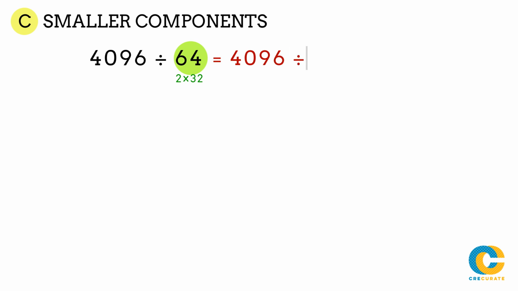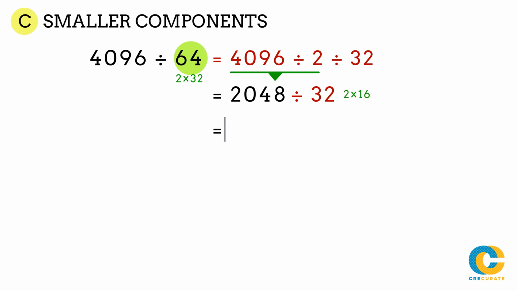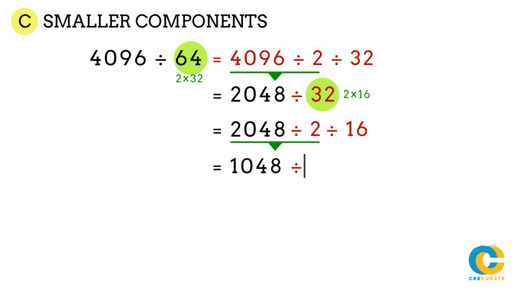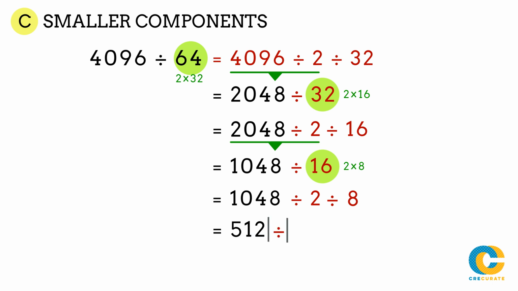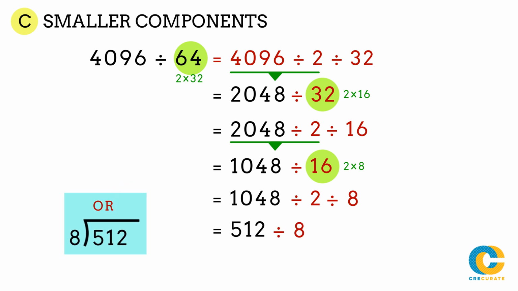So dividing by 64 would be the same as dividing by 2, then divide by 32. In the same way, we can also split 32 into 2 times 16, and then divide by 2, then by 16. We can keep doing this until we get the answer, or stop and do long division once we end up with a divisor that is within our times table, such as 8.